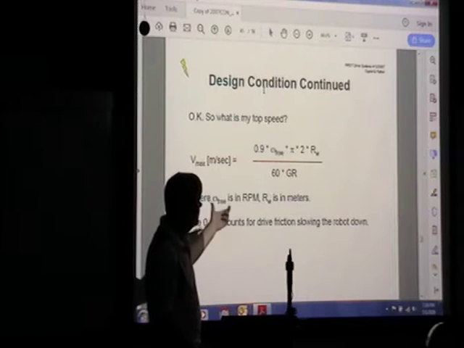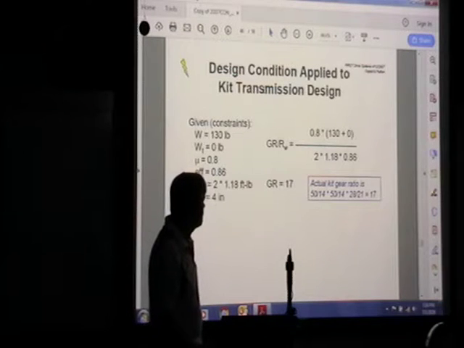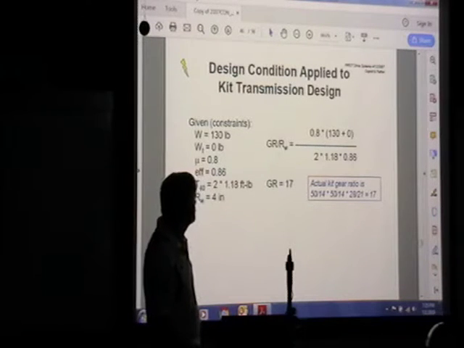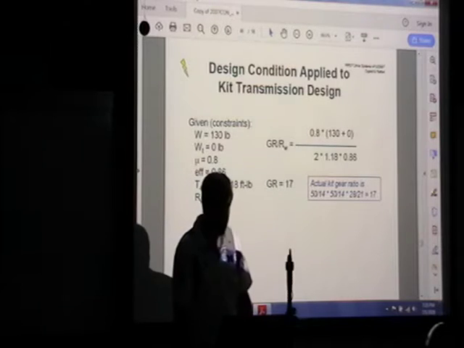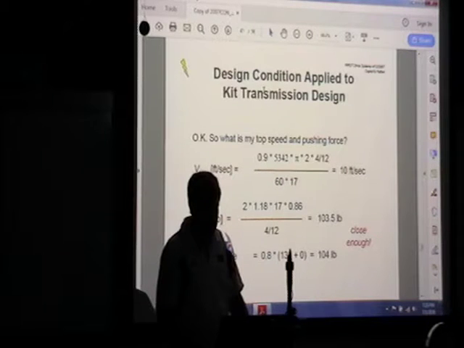They go through and calculate their top speed based on what their assumptions are. Figure their gearing to get where they need to be. So these are all the calculations that you can apply to a drive system based on what we just talked about.